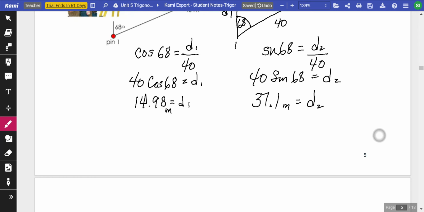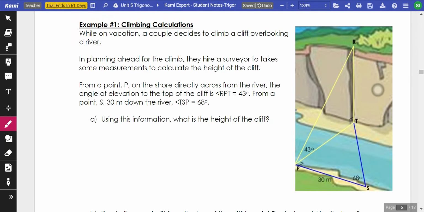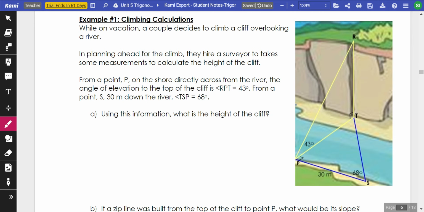Okay, let's move on now to example 1. We're going to start needing to use two trig ratios in order to solve one question. Okay, so let's look at this one. While on vacation, a couple decides to climb a cliff overlooking a river. In planning ahead for the climb, they hire a surveyor to take some measurements to calculate the height of the cliff. From a point P, which is down here, on the shore directly across from the river, the angle of elevation to the top of the cliff is 43 degrees.